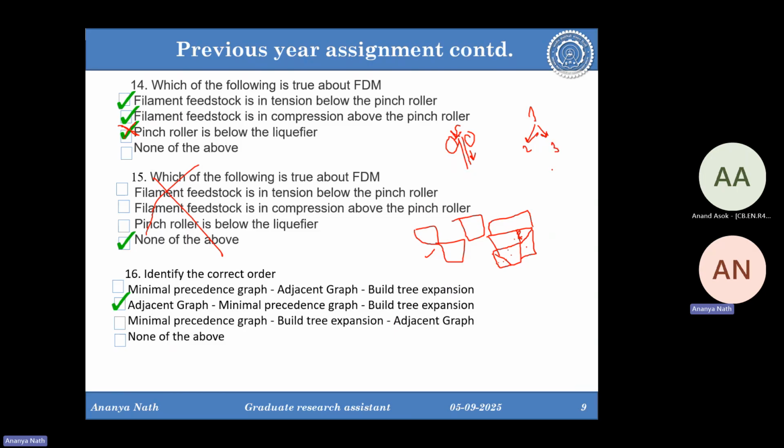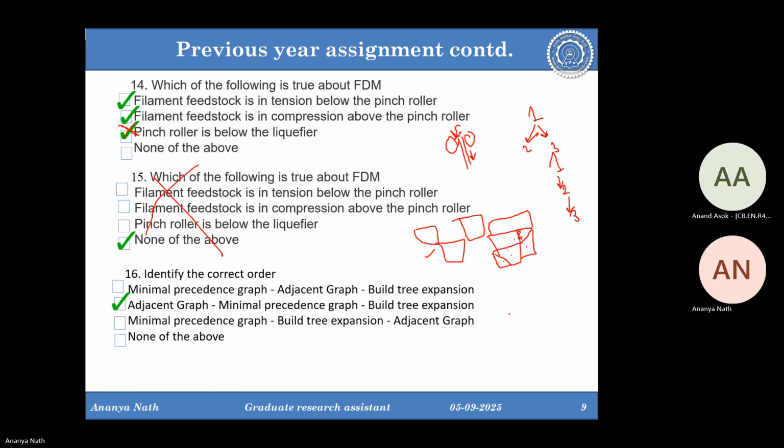So build tree expansion is basically 1, then 2, then 3. You cannot print 2 and 3 simultaneously because both the nozzles will not work simultaneously. So first you need to print 2, then 3, or first you need to print 3 and then 2. So that is the build tree expansion. This is the correct order for how you're going to print in FDM.